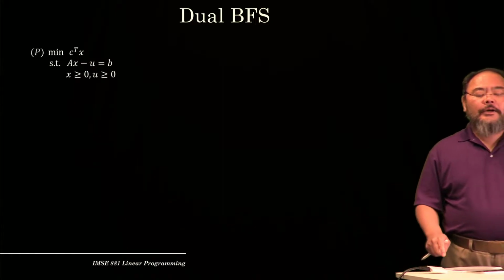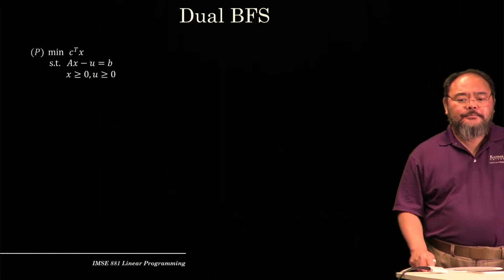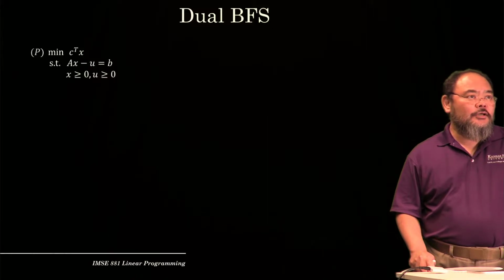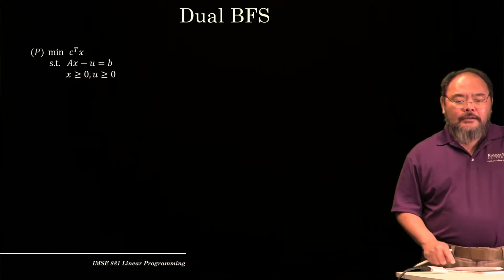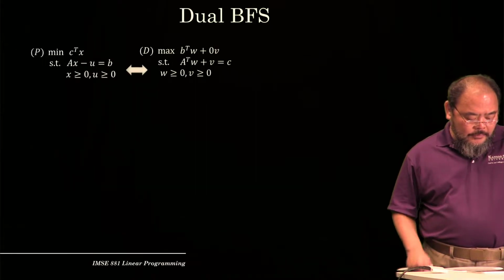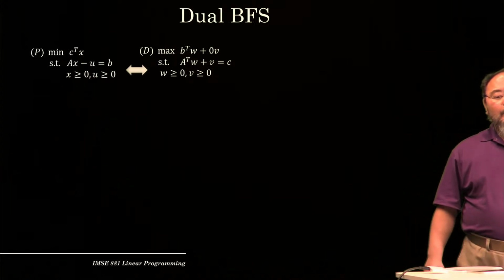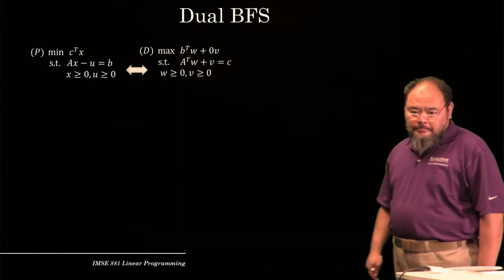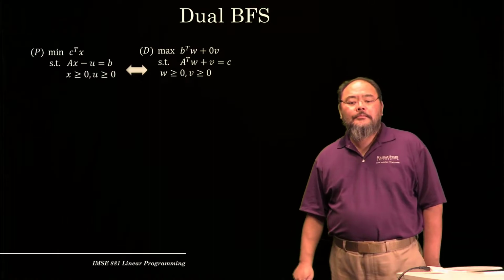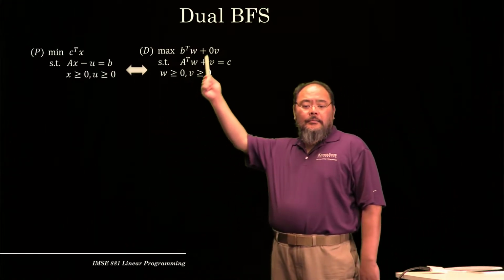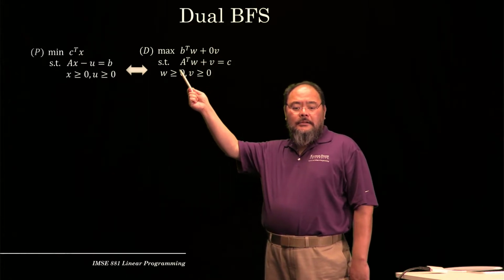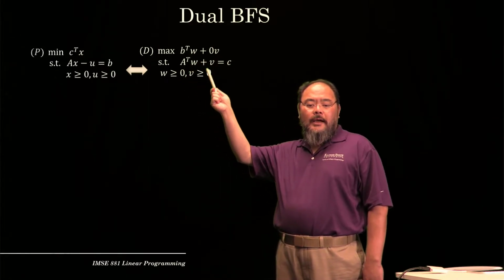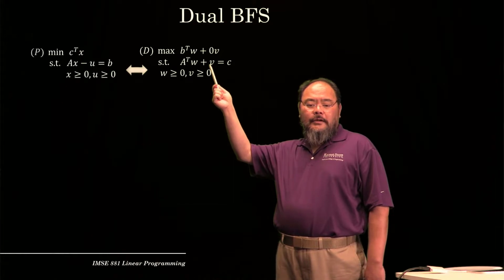Look at this problem one more time. Minimize C transpose times x subject to A times x minus u equals b. Both x and u are non-negative. Its corresponding dual problem, a maximization problem, is B transpose times omega, subject to A transpose times omega plus V. What is V?